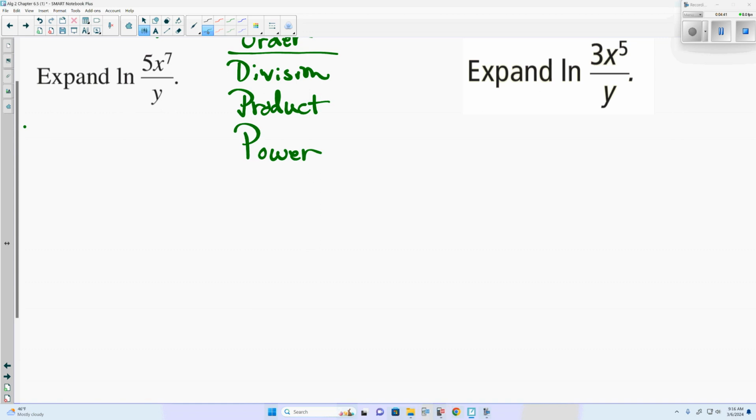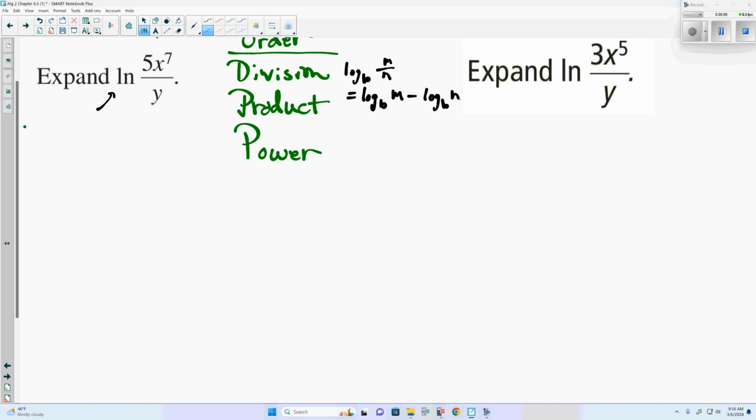So the first one we're doing is division, our quotient property. Looking at ln of 5 times x to the 7th divided by y. Division says if I have a log with the same base of 2 things being divided, it is the same as log base b of m, the numerator, minus log base b of n, the denominator, the top minus the bottom.